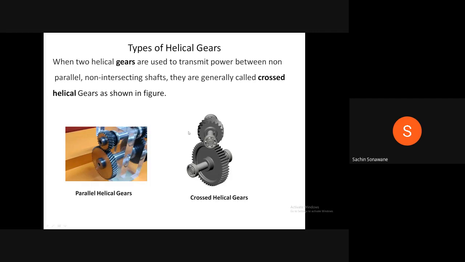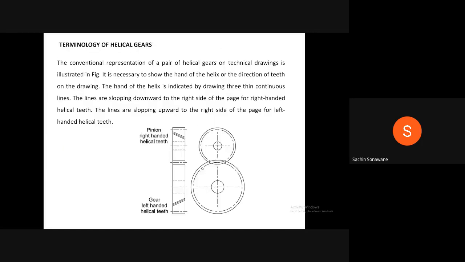Means shafts are not parallel to each other and they are not intersecting. Therefore, when helical gears are used to transmit motion and power between two non-parallel and non-intersecting shafts, then it is known as crossed helical gears. Now we will see terminology of helical gears.